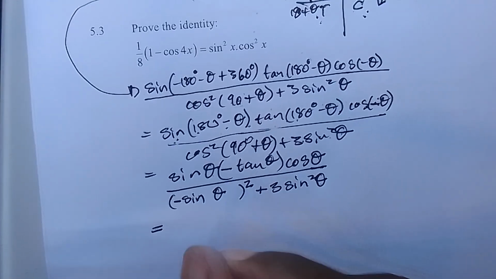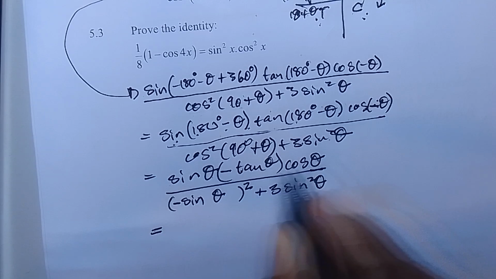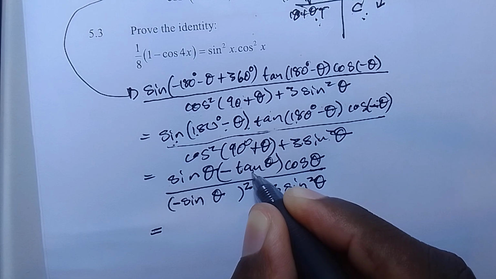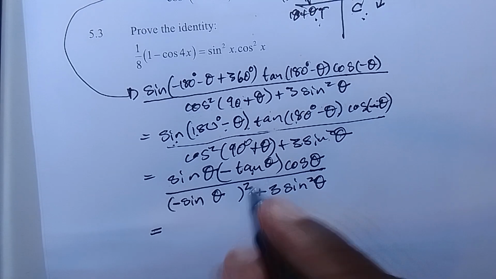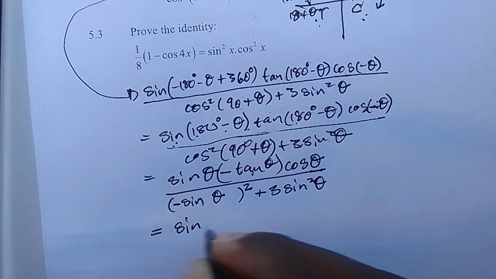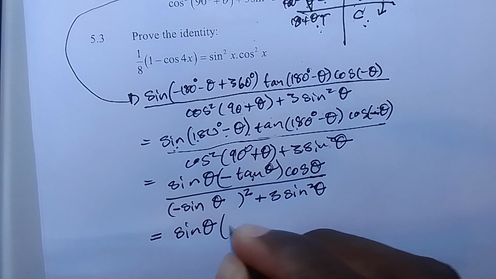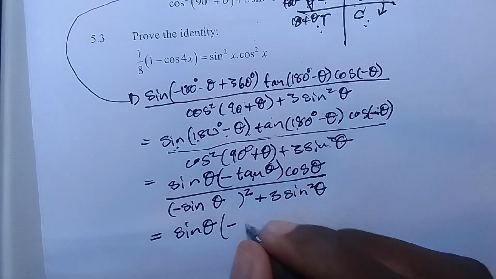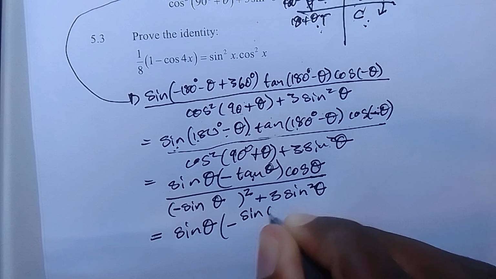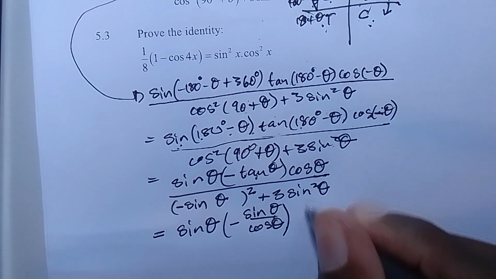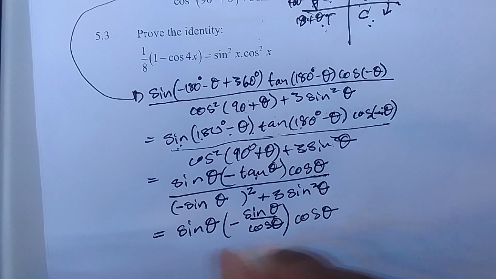Okay, so now let us try to simplify the top. Let's change the tan into sine divided by cos. So you have sine theta, and you have negative. This tan, let's change it to sine theta divided by cos theta. Then you have cos theta there.